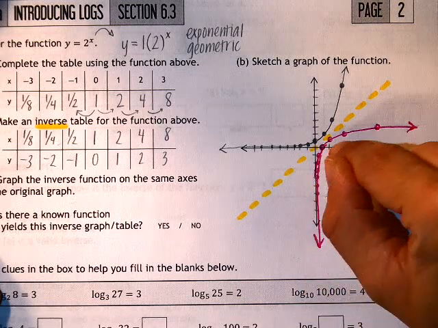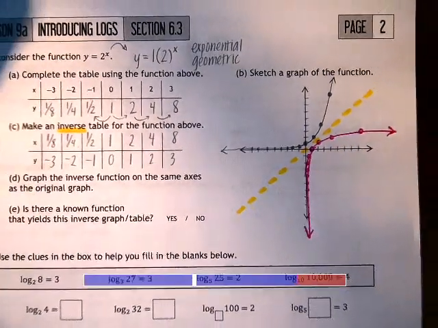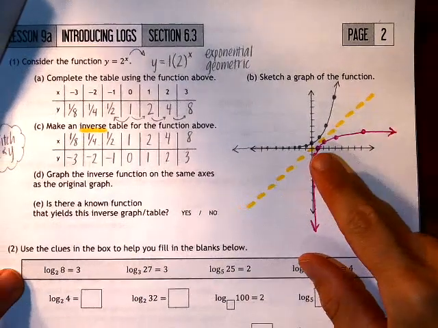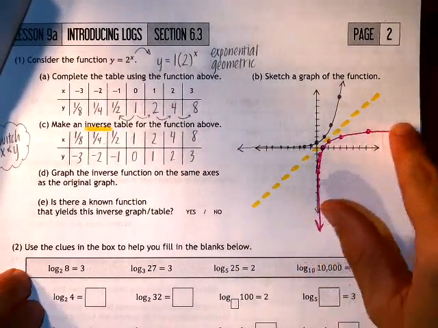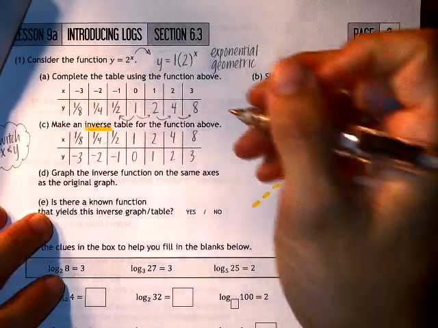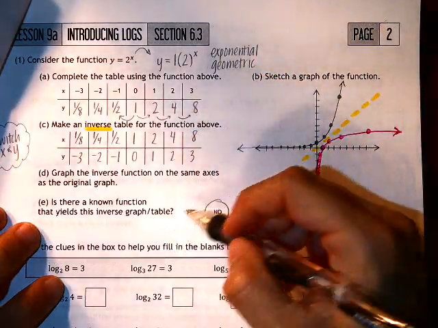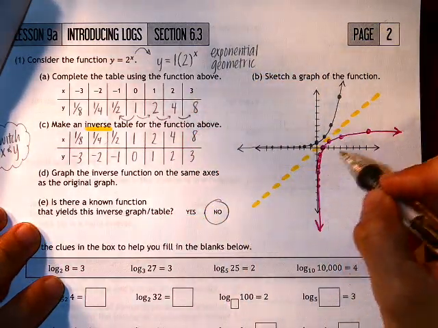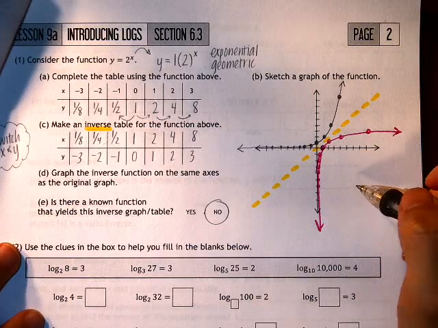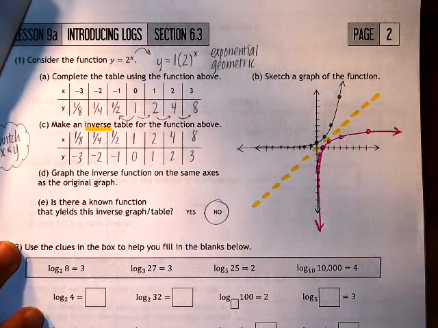This is the first time we're seeing a graph that has a vertical asymptote. So, because we've never seen that graph before, because I wouldn't have expected you to recognize this as a graph that you've seen in a past chapter, we would say in letter E, no, there's no known function that would have given us this graph, which means this function must be new to us. We know it's the inverse of an exponential, but we've never seen it before.